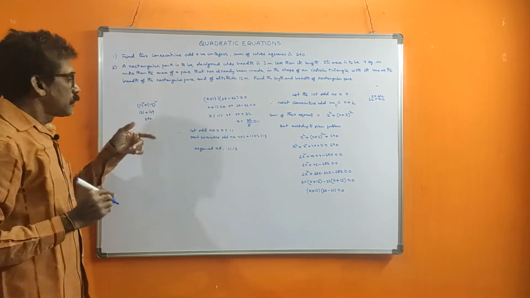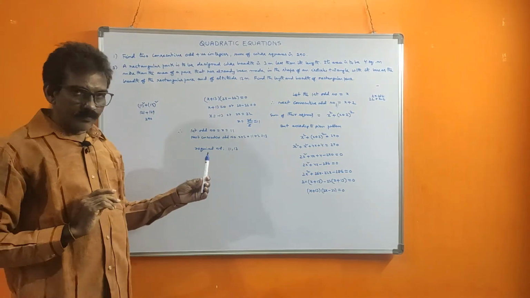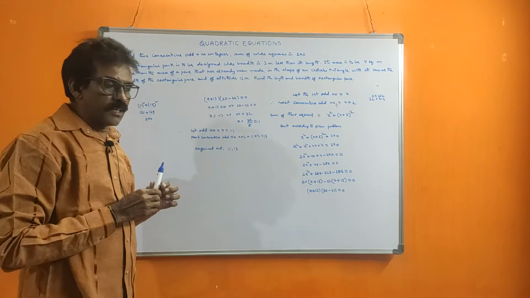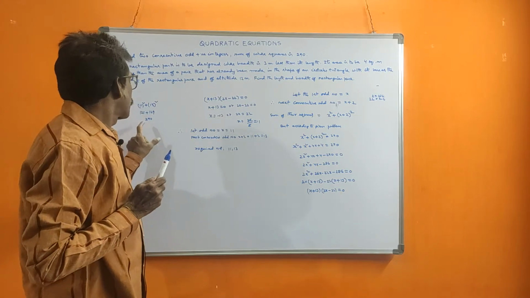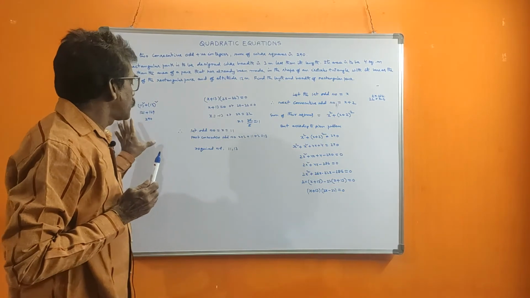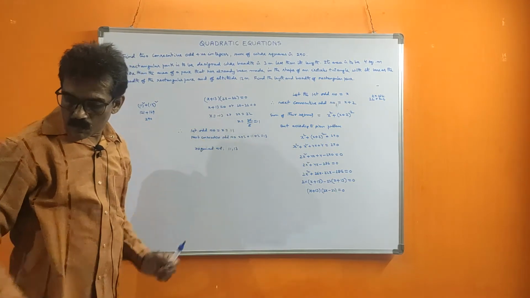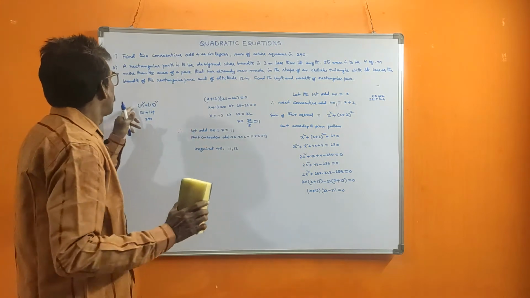Yes, so satisfied. That means our answer is correct. Like this we can check any sum. If in checking it is not balanced, that means somewhere we did it wrong. We can check like that. If we did it correctly, this will be satisfied.